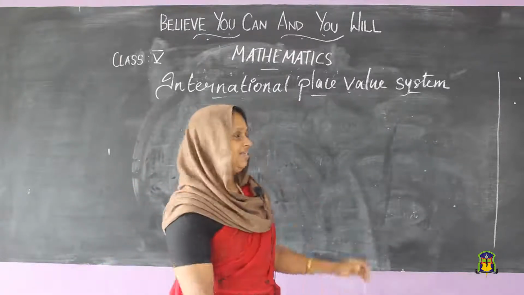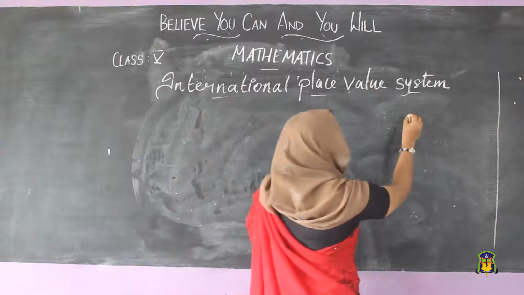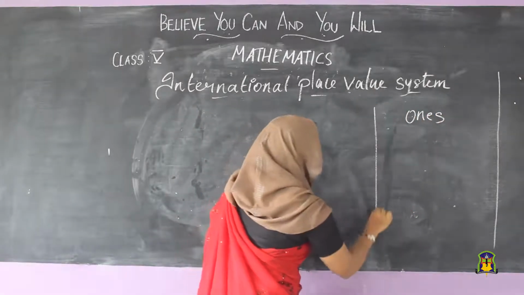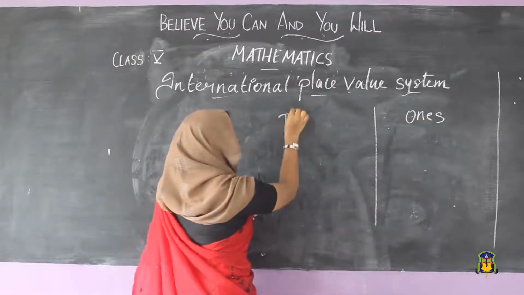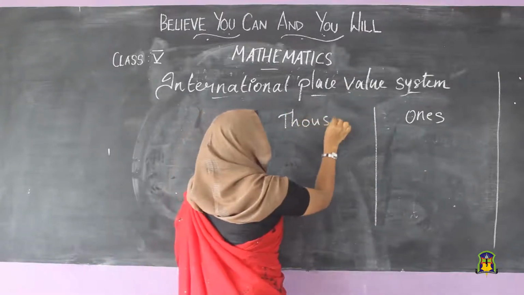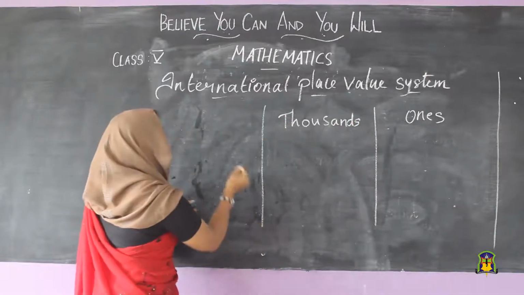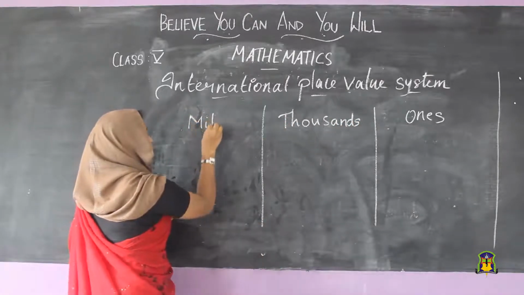In that, the periods are ones, then comes thousands, then comes millions.